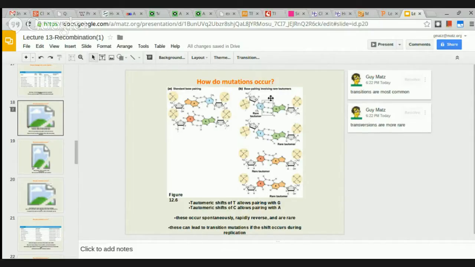So these occur spontaneously and rapidly reverse, but once this happens, the tautomer can shift back to T, and then we'll have a mismatch.